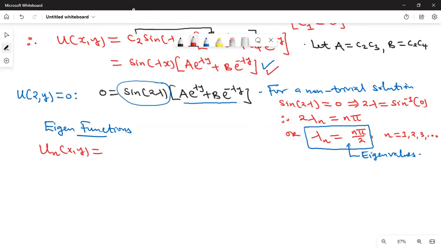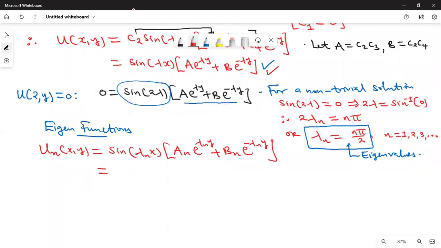Where there is lambda, we substitute lambda subscript n. So that will be sine lambda n x times a exponential lambda n y plus b subscript n exponential negative lambda n y.